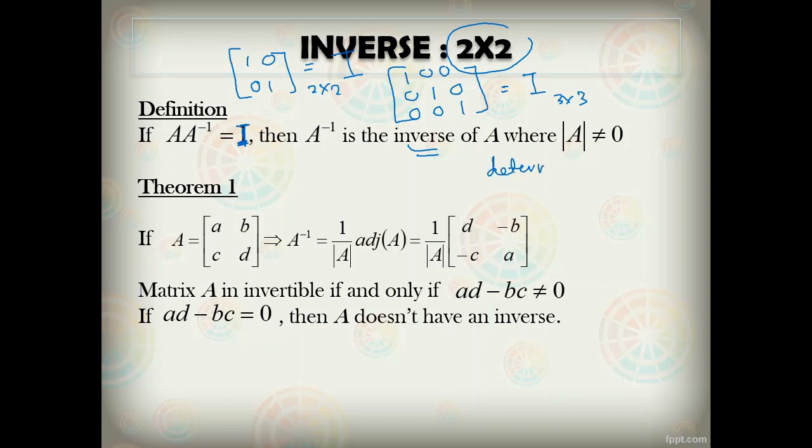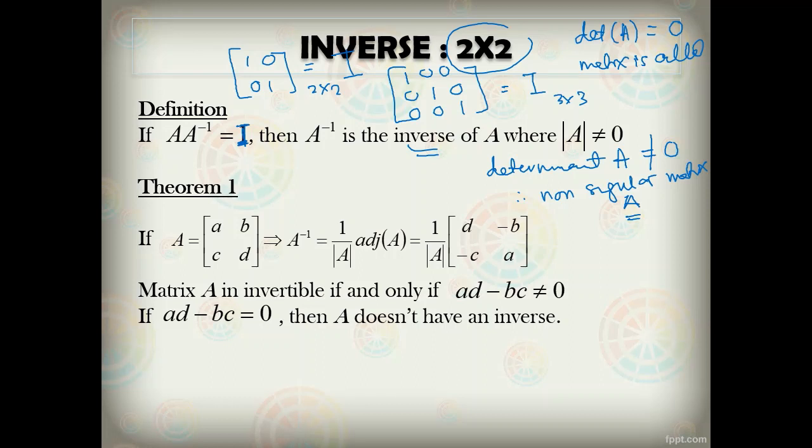If the determinant of matrix A is not equal to 0, this is called a non-singular matrix A. If the determinant of matrix A is equal to 0, matrix A is called a singular matrix and A inverse does not exist. Are you clear?